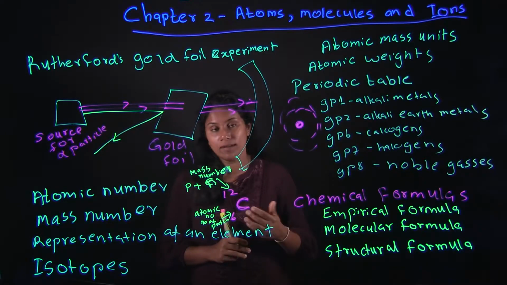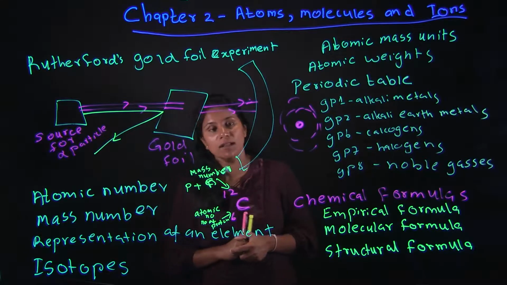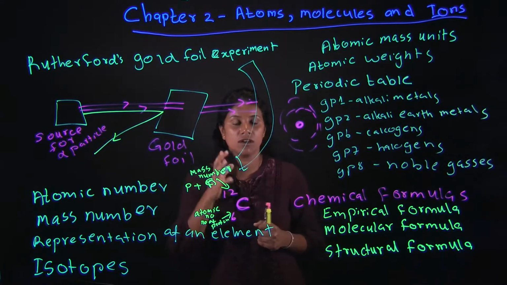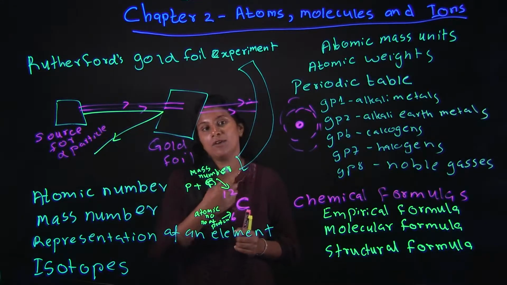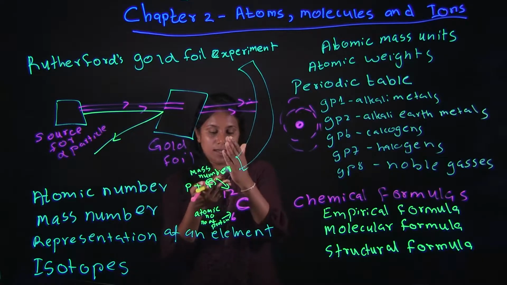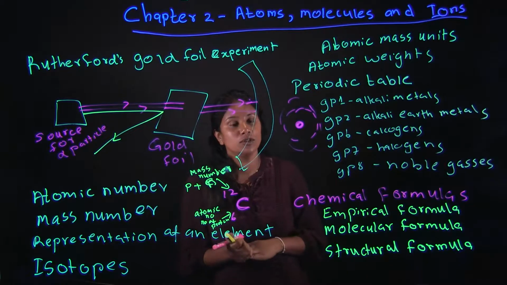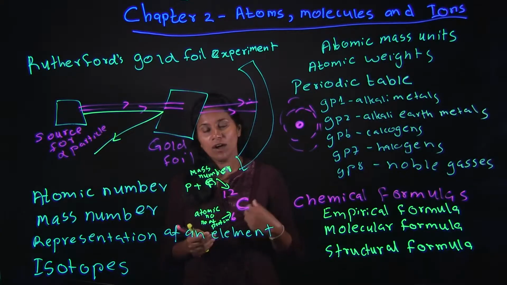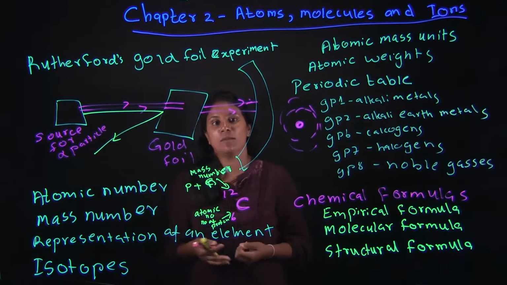And then you have to go to the periodic table. The periodic table is arranged according to increasing atomic number of elements. The vertical lines we call groups or families. Why do we call them groups or families? Because they have similar properties.